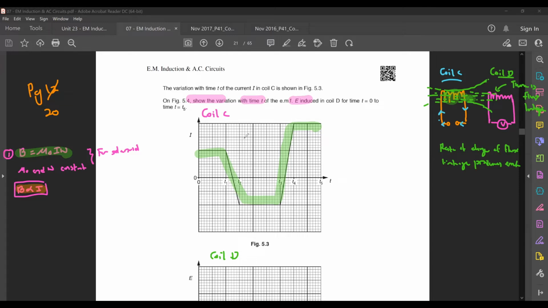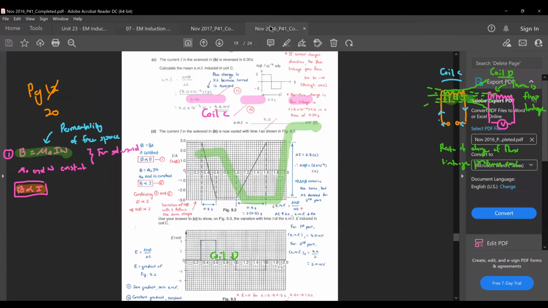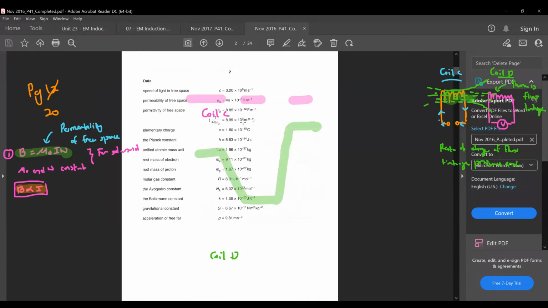Okay, point number two would be this one. What does mu naught represent? It is the permeability of free space. Actually, you can see it from the second page of your question paper, the second line there, permeability of free space.